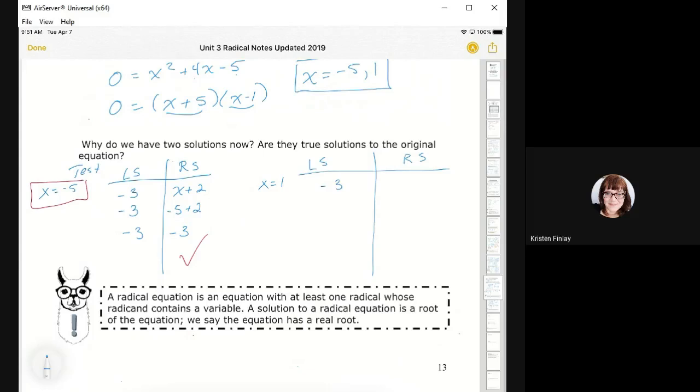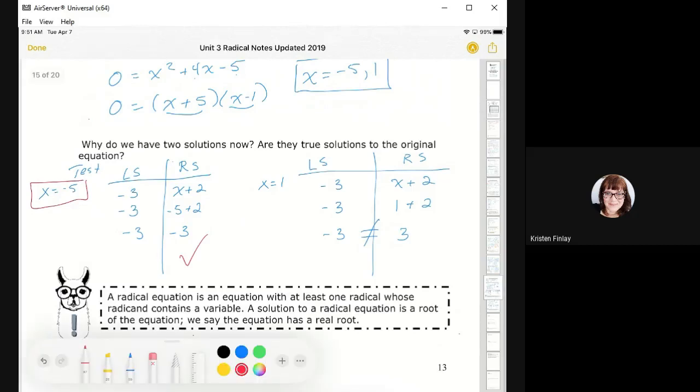So again, the left side is -3 and the right side is x plus 2. So it stays the same. 1 plus 2, -3 equals 3. Well, -3 does not equal 3. So this one does not work. So this is not a solution, okay?